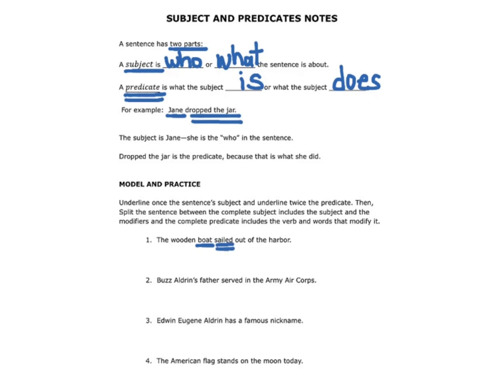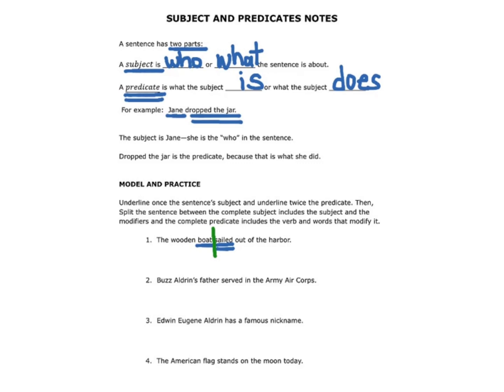But again, we are going to split the sentences into a complete subject and a complete predicate. So when I split the sentence, I'm going to actually split it between boat and sailed. So I'm going to draw a line between boat and sailed so that the wooden boat is the complete subject and sailed out of the harbor is the complete predicate.